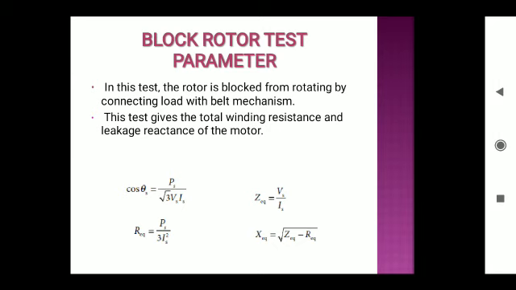R equivalent equals Ps by 3 into Is square, and Zeq equals Vs by Is, and equivalent reactance equals root of equivalent impedance square minus equivalent resistance square.